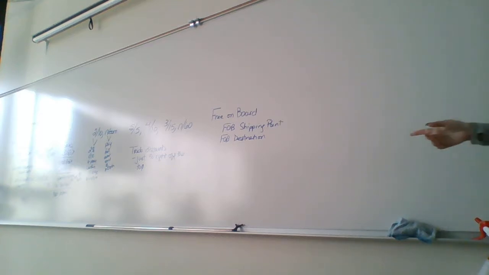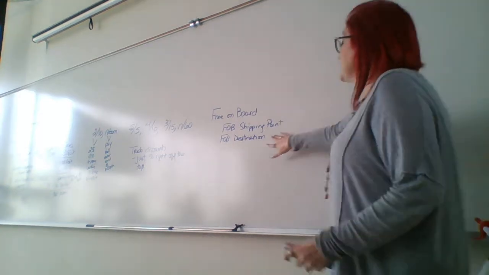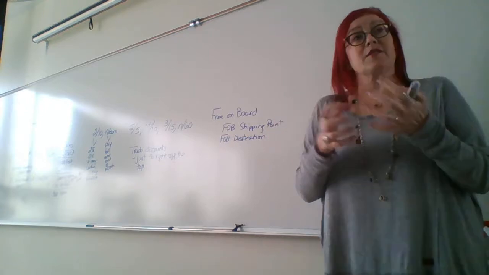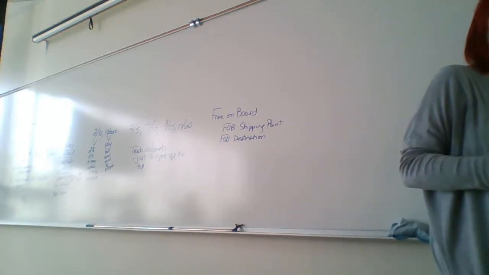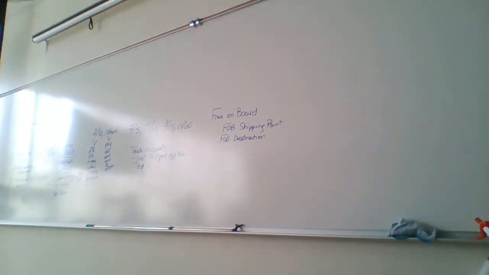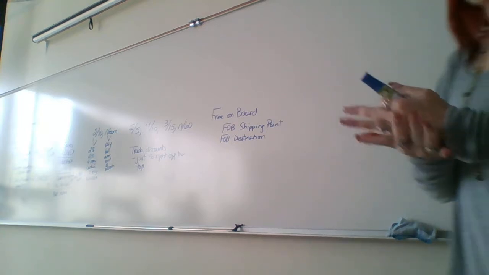If it's FOB destination, that means the seller is taking the risk that something could happen to the items on the way until they reach destination, and title doesn't pass until that point. A lot of it depends upon the companies themselves and the industry standard. You might have one industry that uses FOB shipping point, and another that uses FOB destination.